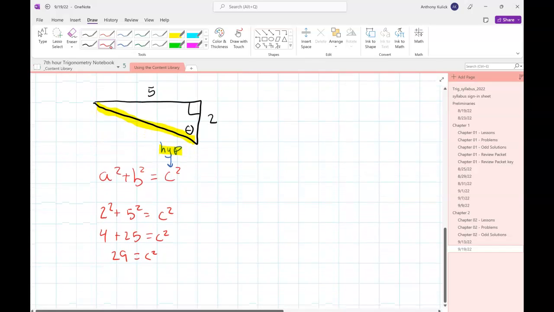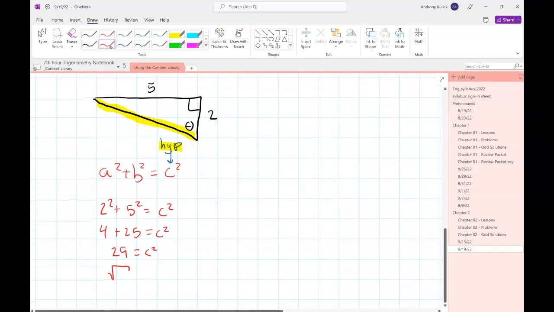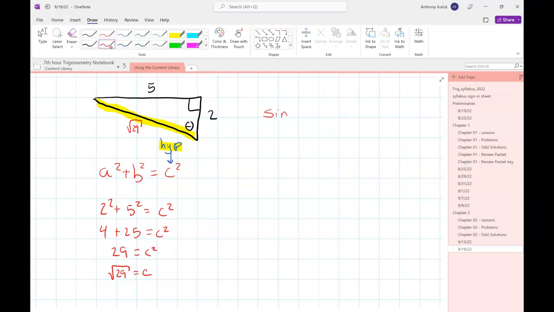So now I just grind through some algebra, and I get that the hypotenuse is the square root of 29. Everybody feel okay so far? That's not a big deal. All right, now I just need to do my 6 trig ratios.